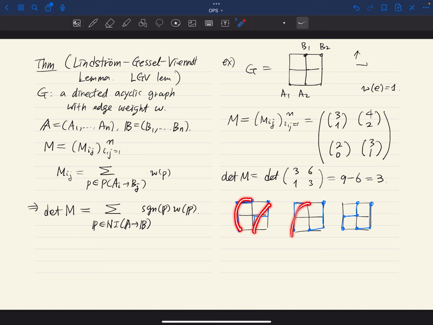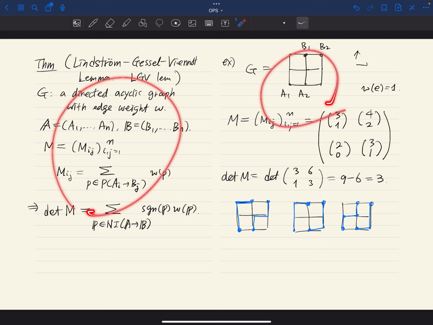This always goes to the second vertex. So the sigma here is always the identity permutation. So the sign is 1. So in this case the sign is always 1, and the number of non-intersecting lattice paths is 3, exactly the one that we got from the determinant. Okay, so the theorem is true in this example.